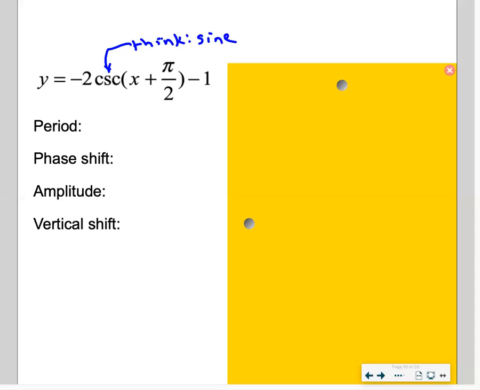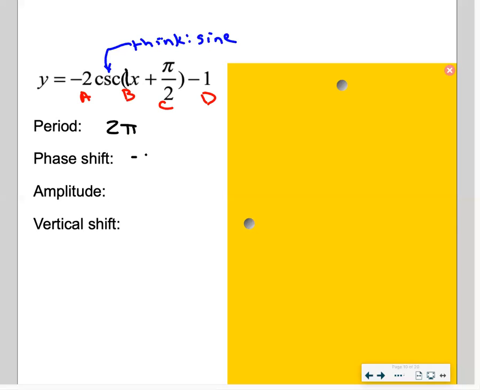Everything's still the same on the left. Period is 2 pi over b. Let's just label what I have. This is my A, B, C, D. Looks like my B is just going to be 1. So 2 pi over 1 is still 2 pi.